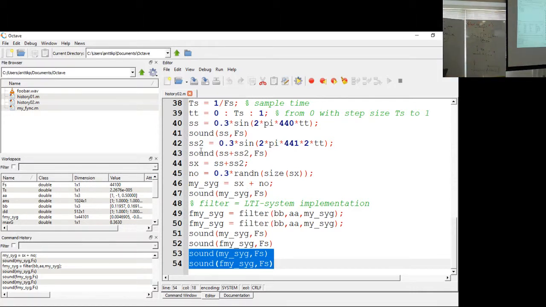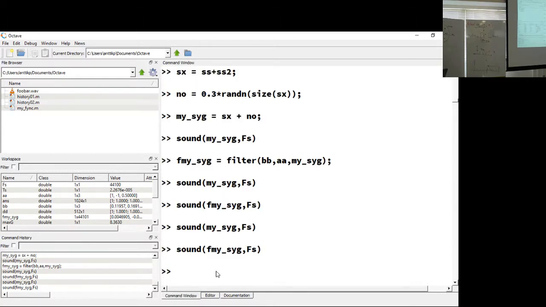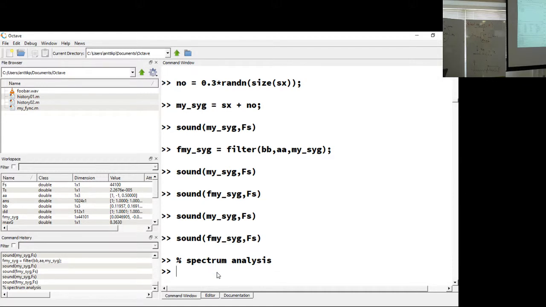Let's do some spectrum analysis. First, a single spectrum of 1024 points on the beginning of that signal. So I take a subsample.